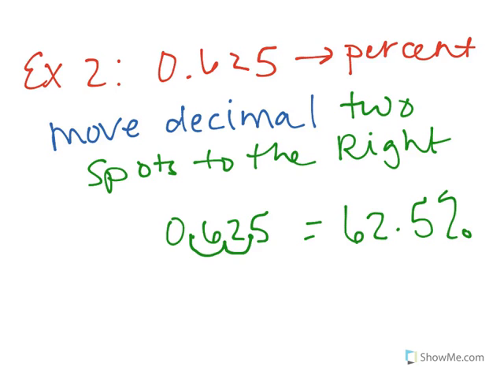Here, we went backwards, one spot, two spots to the right. So again, to convert percents into decimals and decimals into percents, you just need to move the decimal two spots to either the left or the right.